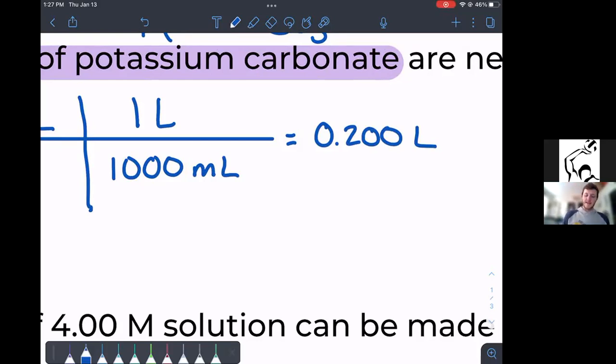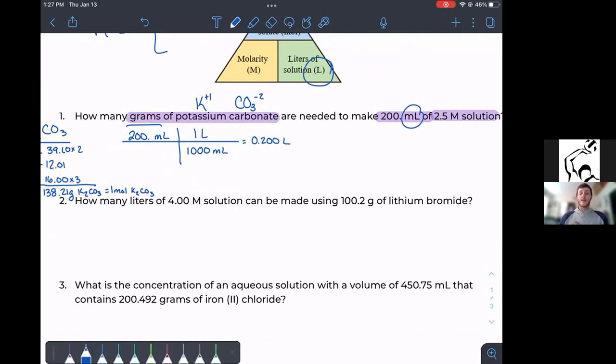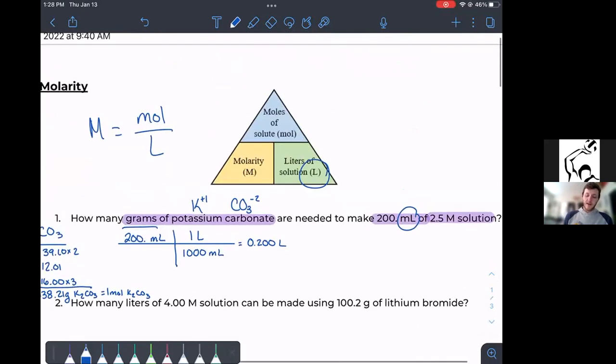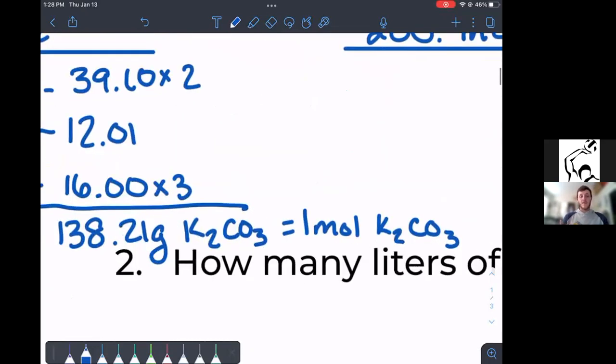Up next, we have the molarity and the liters, and we have to figure out how many grams there are. But up here, it doesn't have anything to do with grams. It does, however, have to do with moles. And we know that we can go from moles to grams using that molar mass.